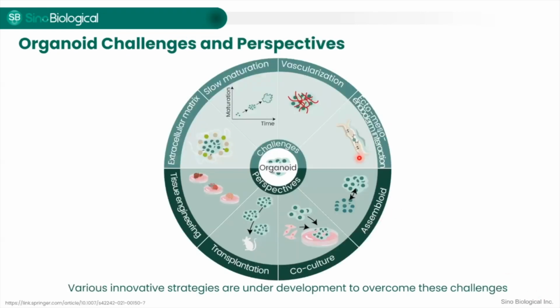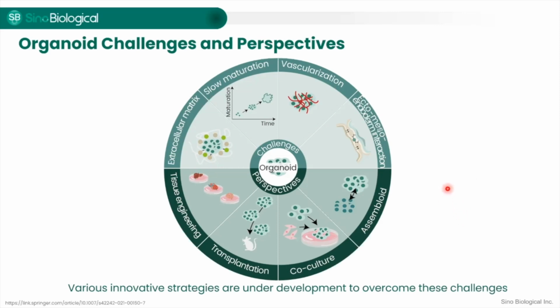Organoid cultures have some challenges as well. So although the 3D organoid field is moving ahead in offering very innovative approaches for biomedical research and clinical translational research, there are still several hurdles that need to be addressed.